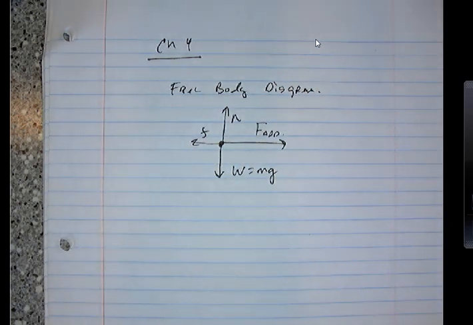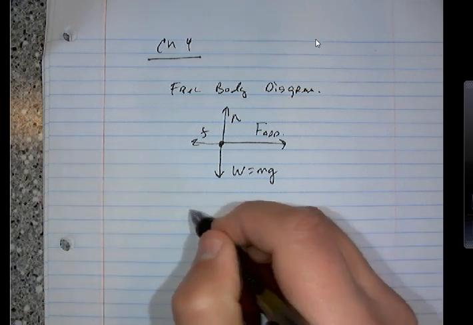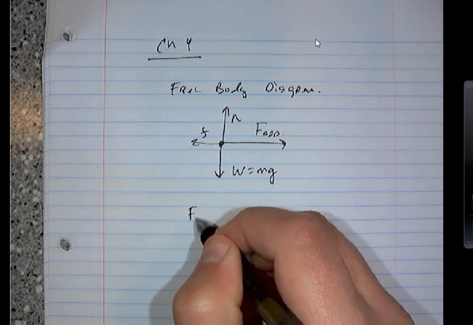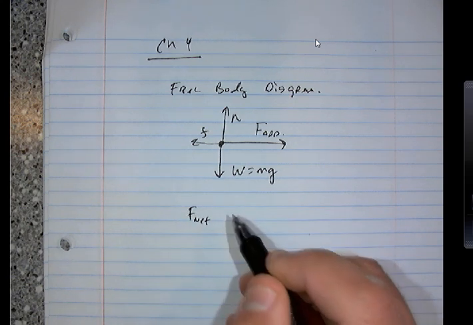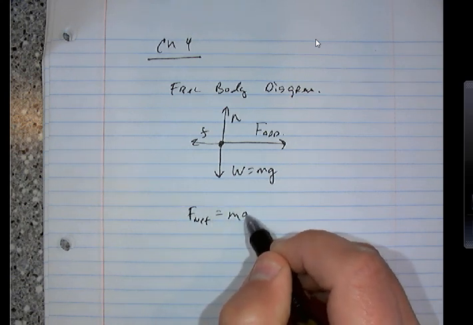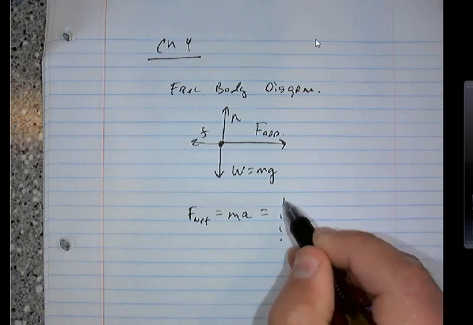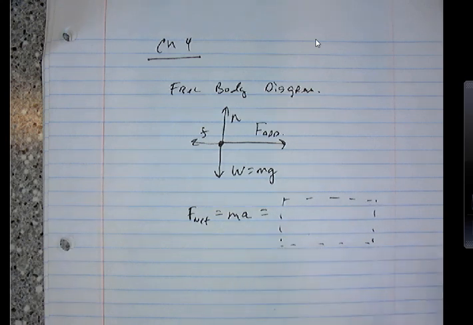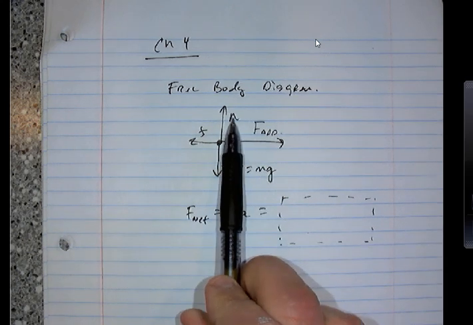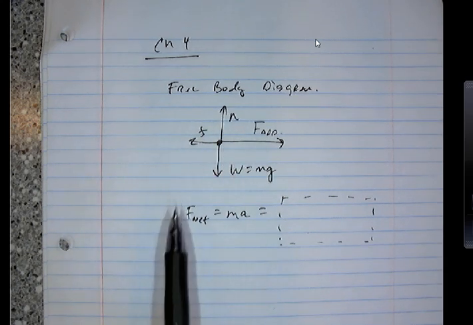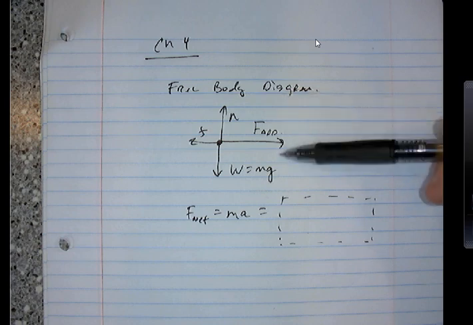In this picture, if I wanted to figure out the acceleration, I could use Newton's second law. So you add up all the forces, that's the net force. It gives you ma, and then you have to supply all the forces. So if I'm looking at this horizontal acceleration, here the normal force and weight are equal to each other. There's no acceleration vertically; the forces are balanced.